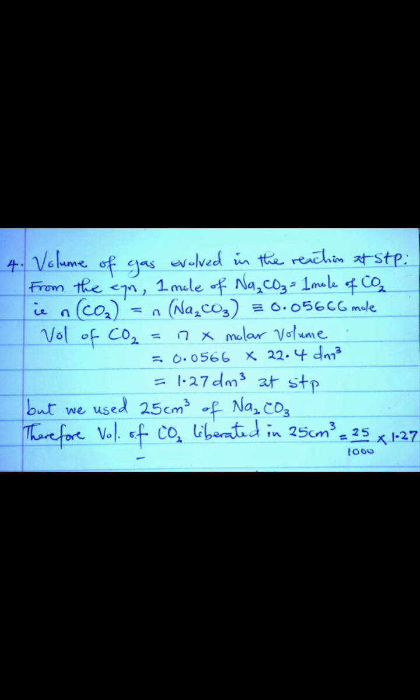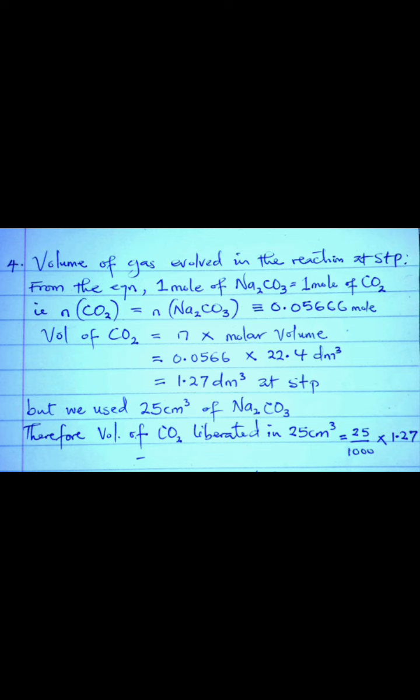That would be 25 over 1000, we convert the 25 to dm cube, times the 1.27 dm cube we just solved, and we have that the volume of CO2 liberated in 25 cm cube is 0.0318 dm cube, or 31.80 cm cube if we want to use cm cube at STP.